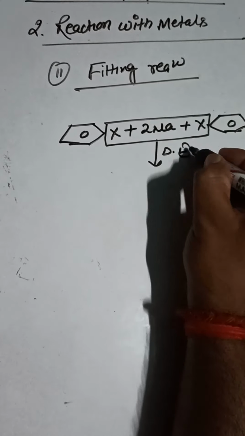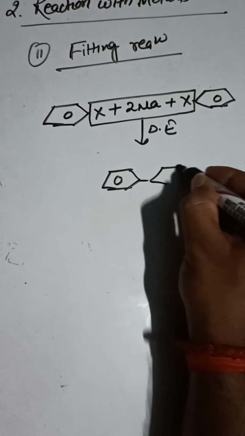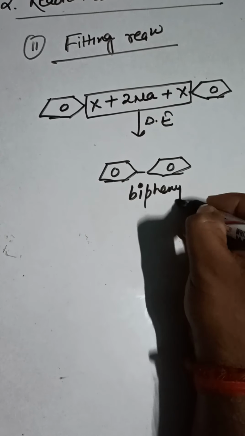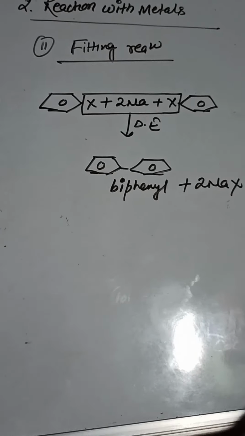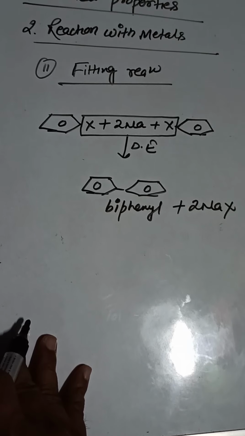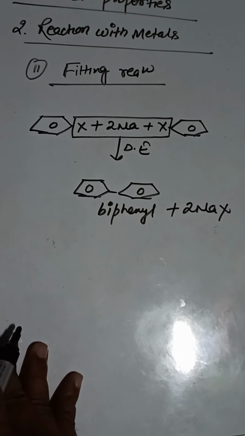The 2 benzene rings are fused at the para position to give biphenyl and 2NaX is removed. When 2 molecules of haloarenes are treated with sodium metal in the presence of dry ether, they give biphenyl.